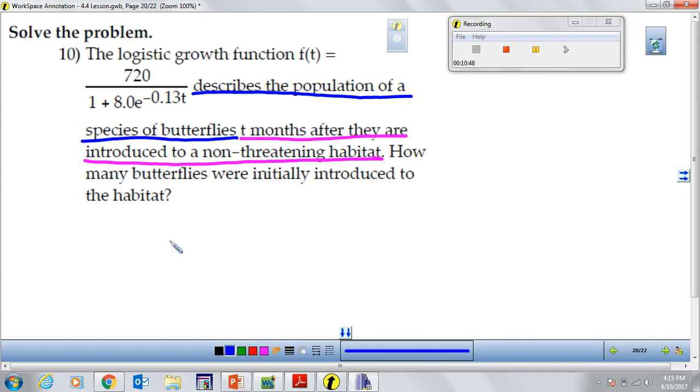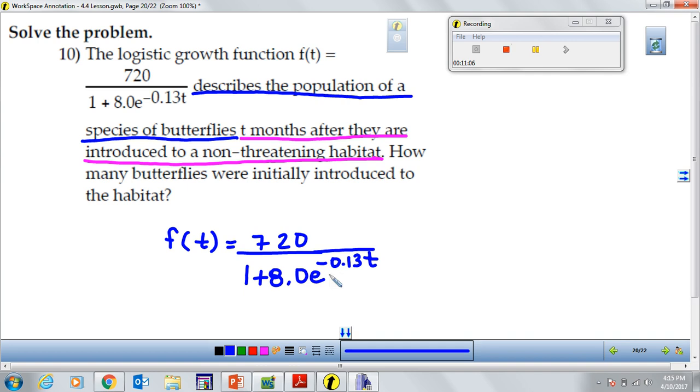So here is my formula: 720 divided by 1 plus 8.0 times e raised to the negative 0.13 times the time. How many butterflies were initially?